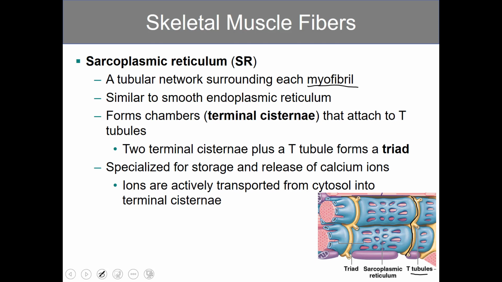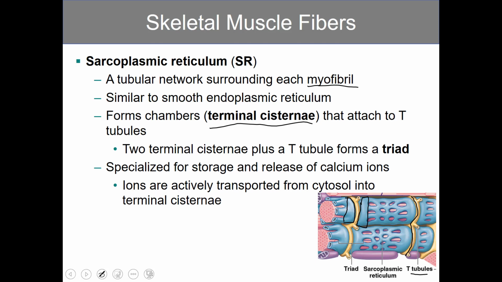This organelle is very similar to that of the smooth endoplasmic reticulum, but they have these chambers that are located often very closely to the T-tubules, called the terminal cisternae. So the terminal cisternae of the sarcoplasmic reticulum are just little expanded pouches that occur near a transverse tubule.